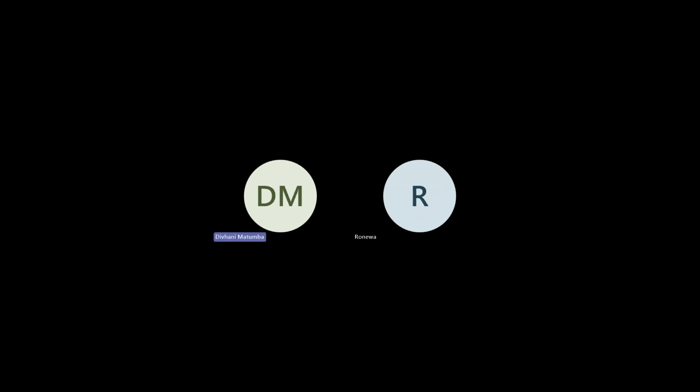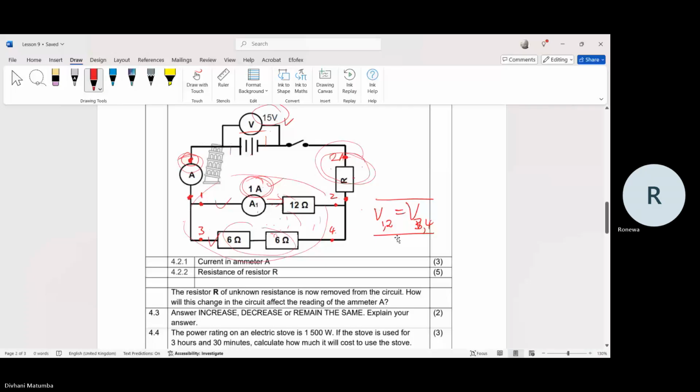Okay, let's see. Can you see? Ronel, can you see what is on the screen?